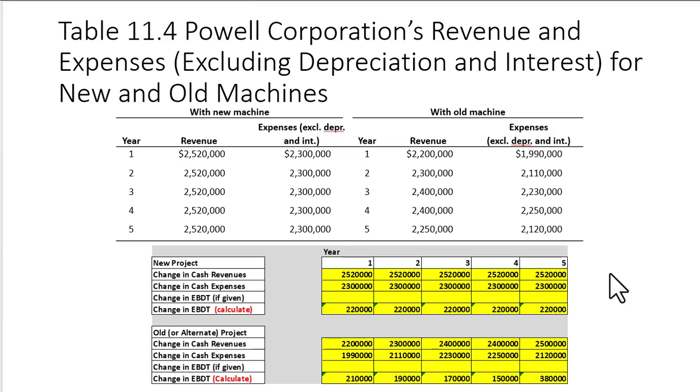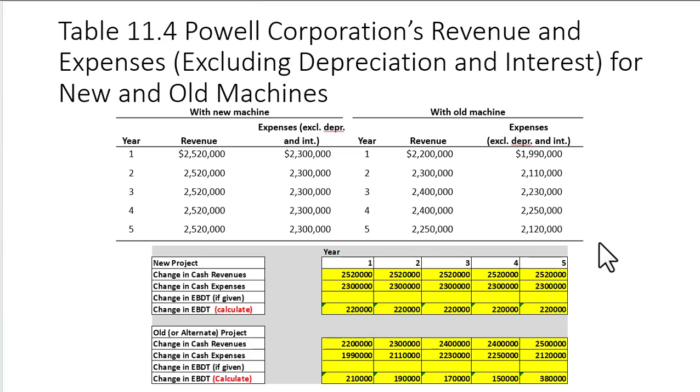So here's the project we've been following through with this Powell Corporation's projects. And what they provided us with are some revenues and expenses, excluding depreciation and interest here, for the project if we do a new machine, and then what we think would happen if we just keep the old machine.